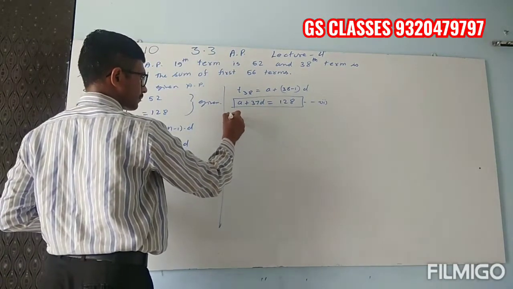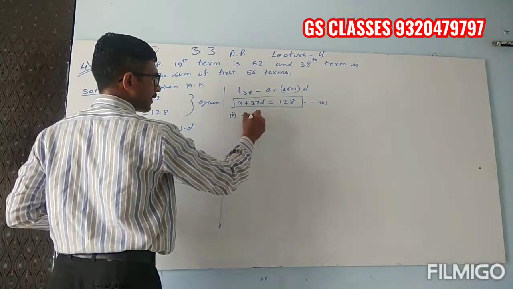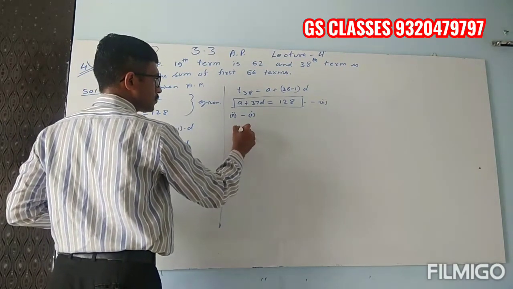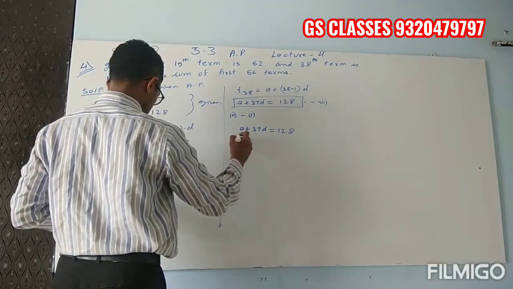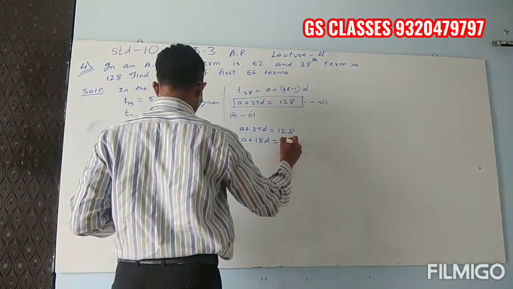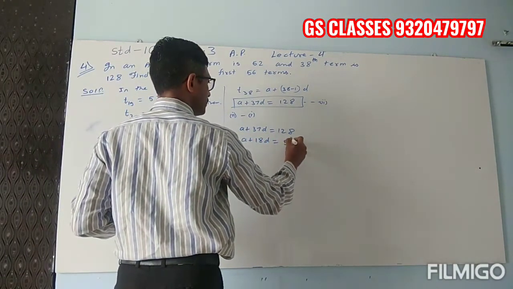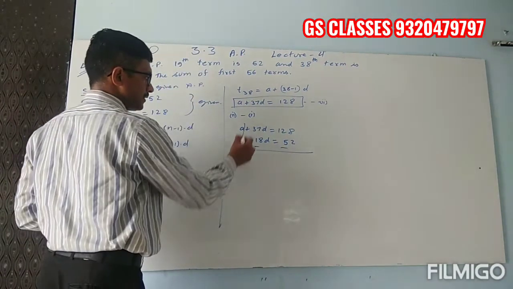Now from the second, you subtract the first one. So A plus 37D is 128, minus A plus 18D which is 52, change the sign.